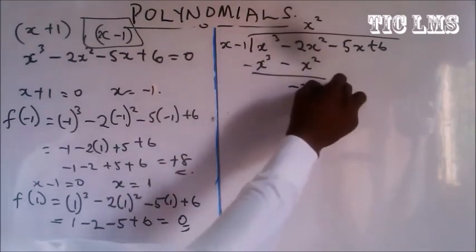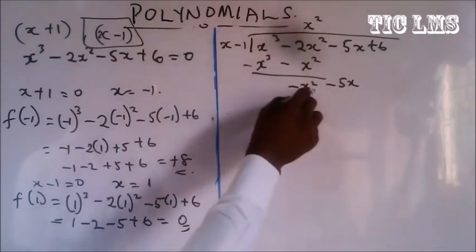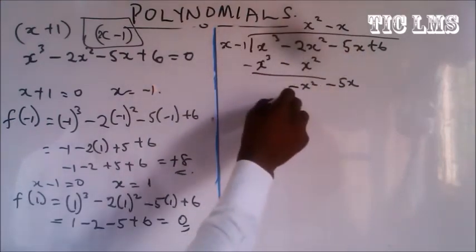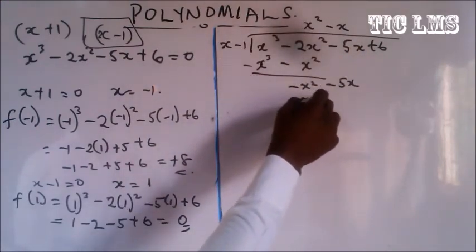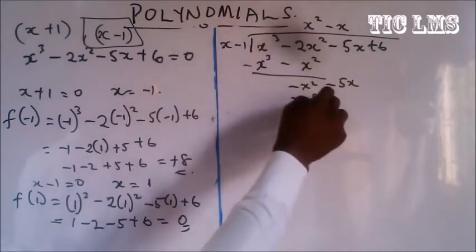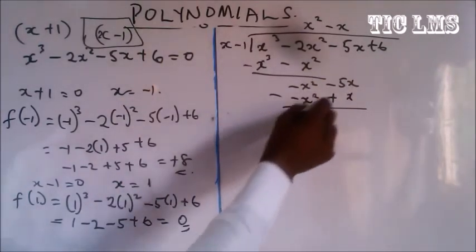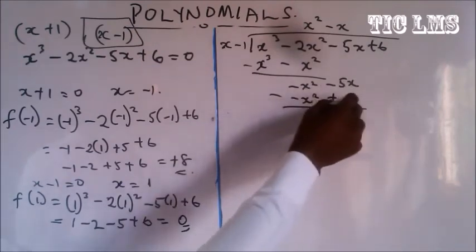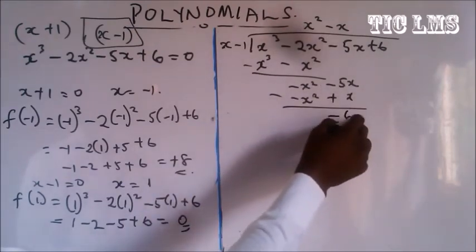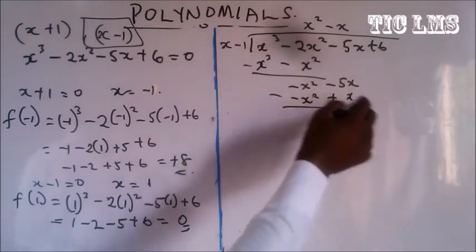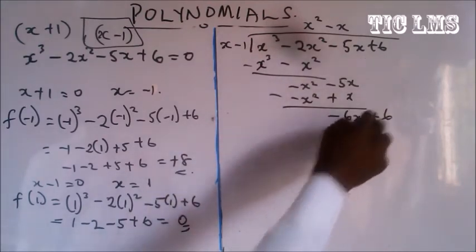Next we have minus 5x. X into minus x squared gives minus x. Minus x times x is minus x squared. And then minus x times minus 1 is plus x. We'll subtract minus 5x minus plus x, that gives minus 6x. Then minus x squared minus minus x squared is 0. Alright, then we'll bring down this plus 6.